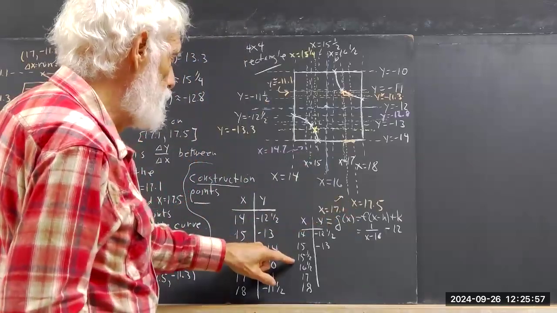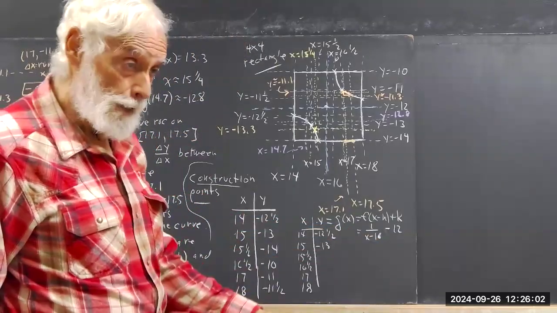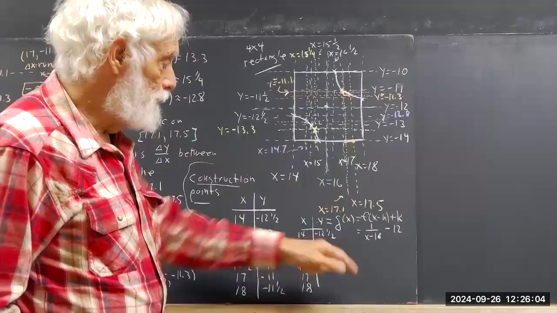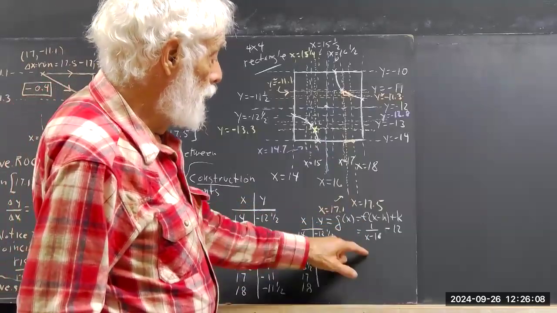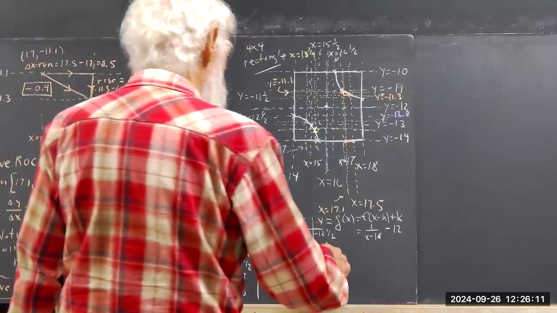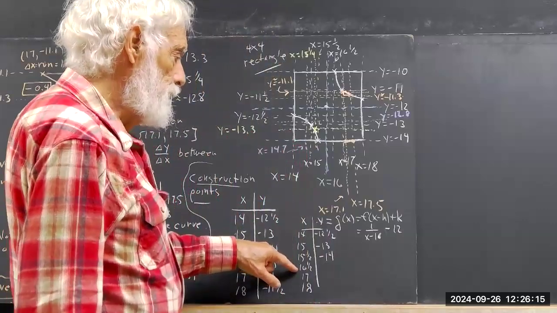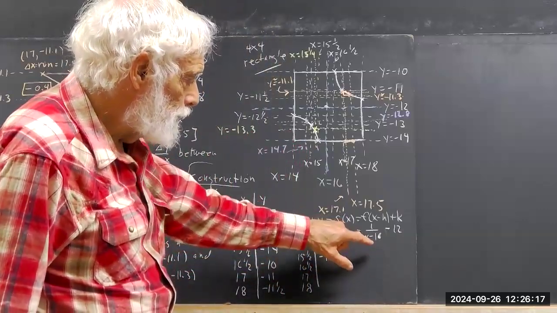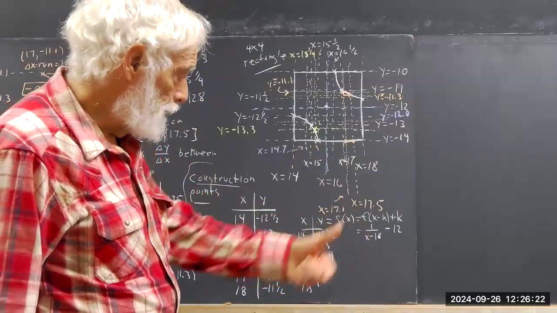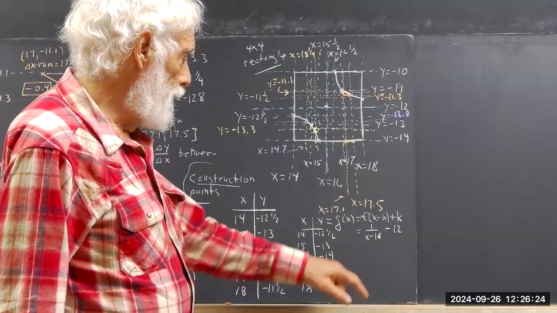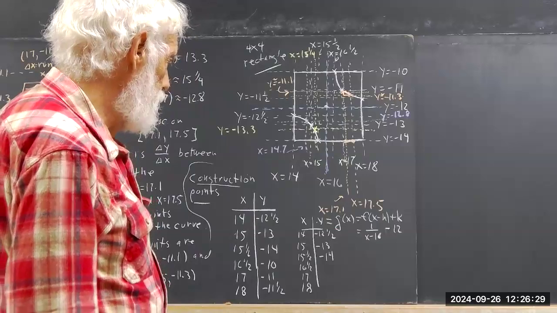Okay, if x is 15 and a half, 15 and a half minus 16 is negative 1/2. You have the reciprocal of negative 1/2, which is negative 2. Negative 2 minus 12 is negative 14. If x is 16 and a half, then x minus 16 is a positive 1/2. Reciprocal of a positive 1/2 is a positive 2. And if you add 2 to negative 12, you get negative 10.